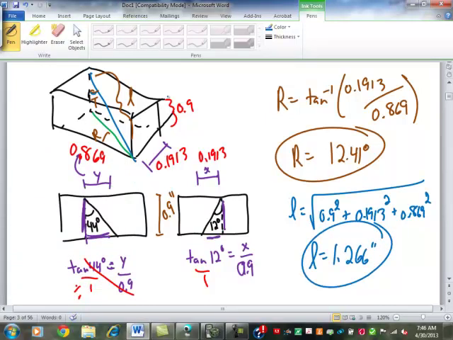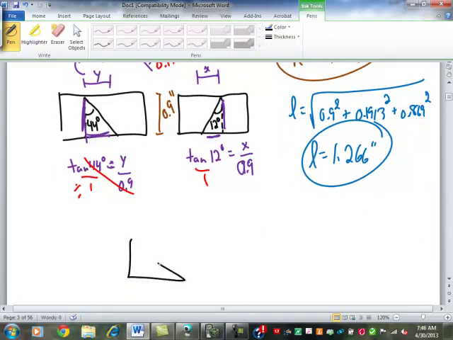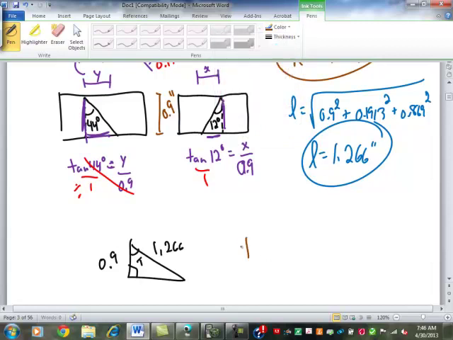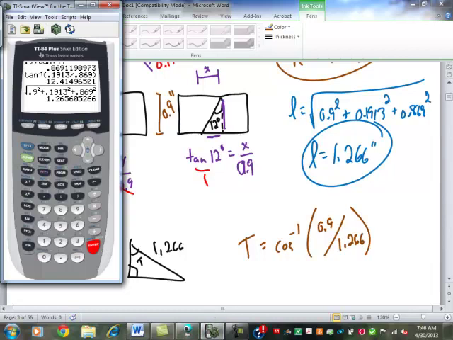Now to find tilt here, there's t. We know this is 0.9, this is 1.266. So to find t, it is inverse cosine of 0.9 over 1.266.